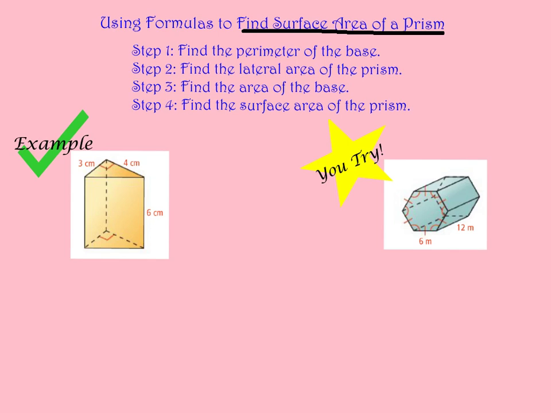So step 1 says find the perimeter of the base. So first you have to identify what your base is. So in my example here, I can clearly see that the only 2 congruent parallel faces are these triangles. So these are my bases here. So I need to find the perimeter of the base.